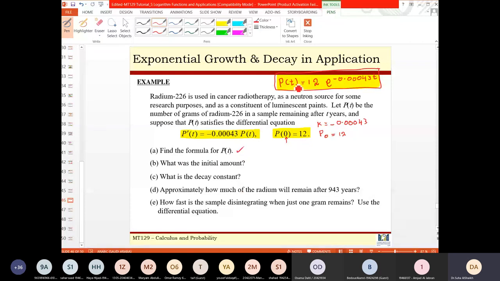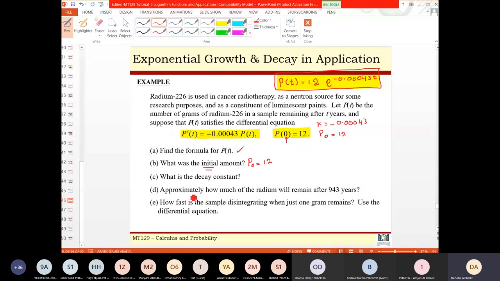Now, what is the initial amount? What does initial amount mean? The amount at the beginning, meaning at 0. Excellent. P0 is 12, it's in front of me. What is the decay constant? The decay constant is the proportional growth rate. They may ask about it as initial amount, sorry, as a decay constant, or it could be a growth constant, or they may say what's the proportional rate.